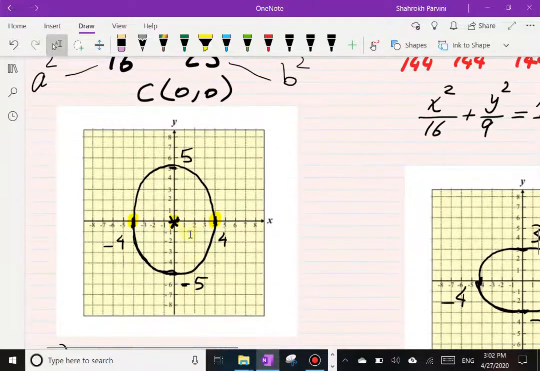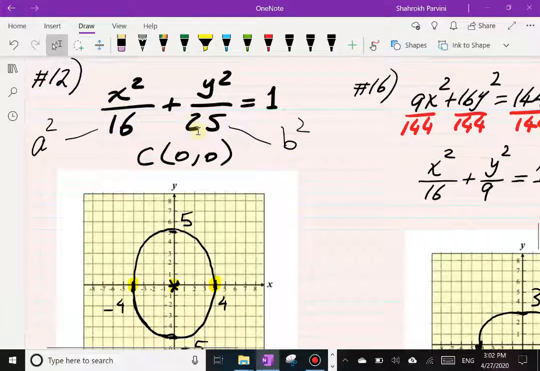From the center, you go up 5 and down 5. These are the 4 points that are on the graph of the ellipse, and we just draw a curve right through them. And there we have it. Notice we are not plotting points again. We're just using the knowledge of the equation of the ellipse and using a and b to graph our ellipses.